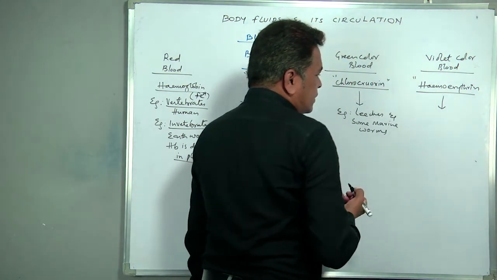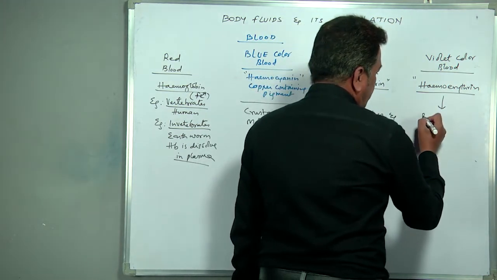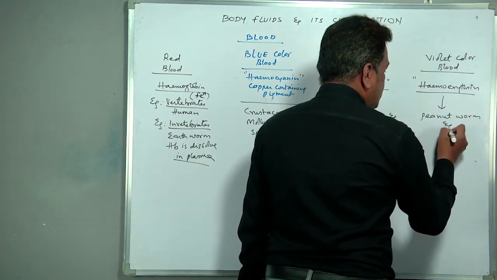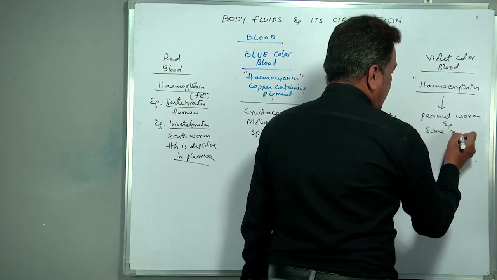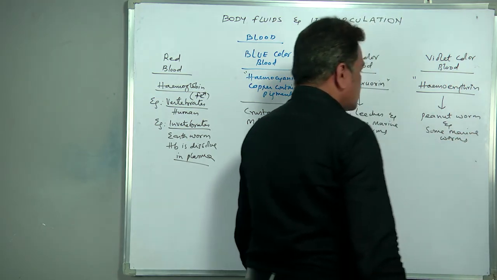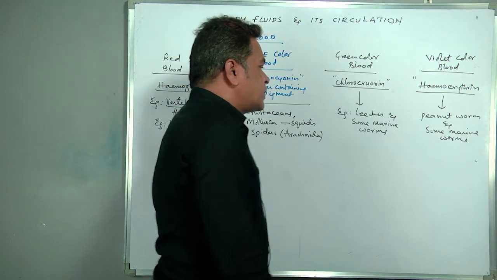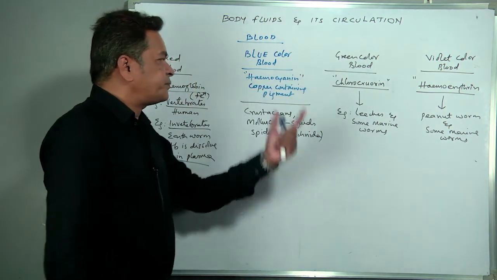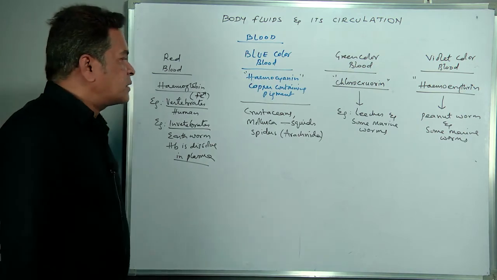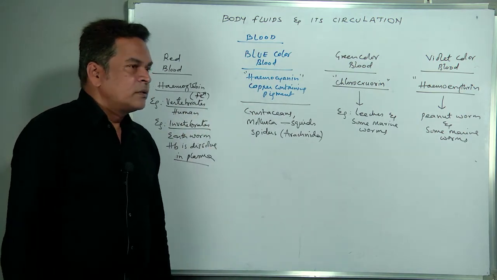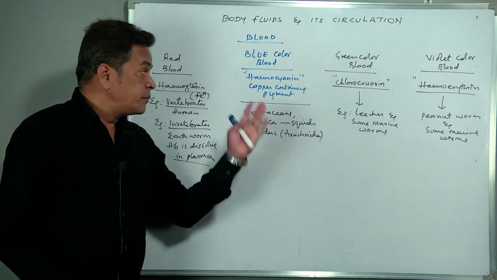You find it in peanut worms and some marine worms. In different animals, including human beings, the color of the blood is due to the pigments.